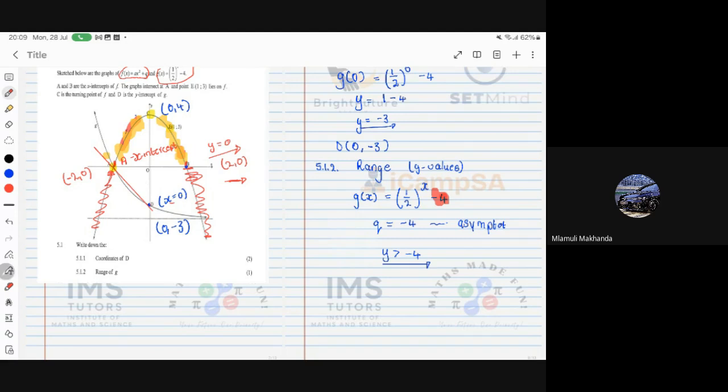So our parabolic function is above 0 whereby x is greater than minus 2, and also whereby x is less than 2. Okay, so we can just rewrite this as: x is greater than minus 2 and x is less than 2.